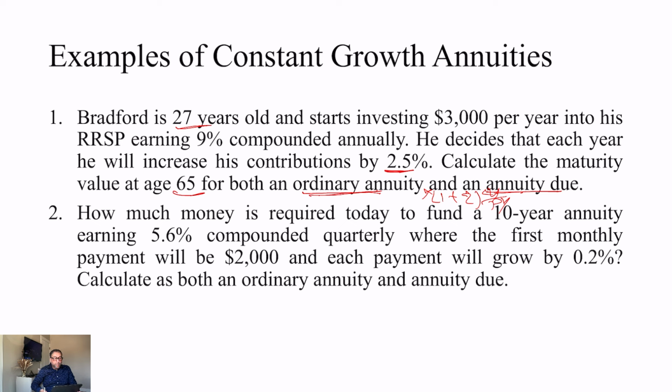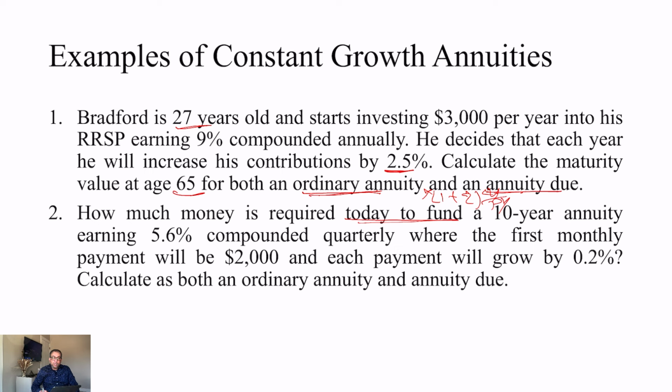Okay, so the next question is: how much money is required today to fund a 10-year annuity earning 5.6% compounded quarterly, where the first monthly payment will be 2000 and each payment will grow by this rate? Calculate both ordinary and annuity due. Now, how much money is required today? So it's going to be the present value.